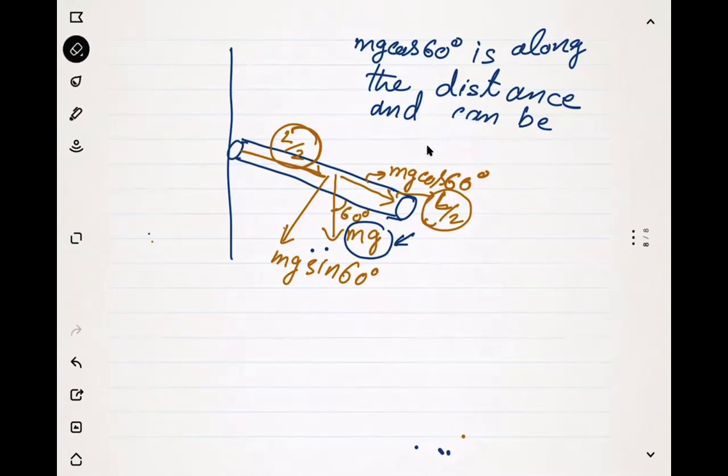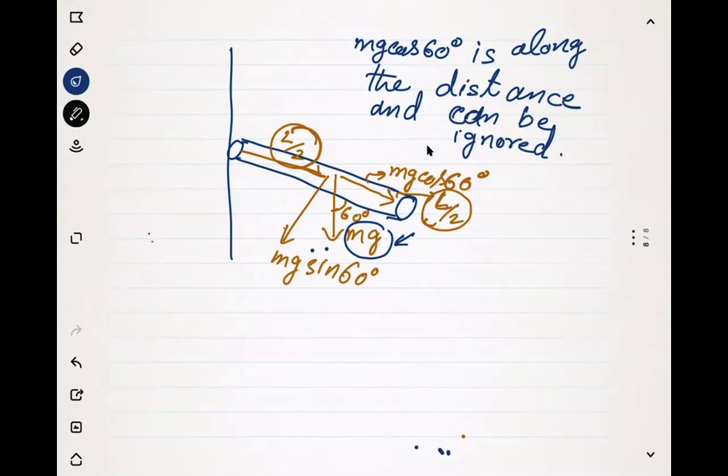You're supposed to ignore that. So if some force is along the distance, it is to be ignored. A force that is perpendicular to the distance is to be taken.